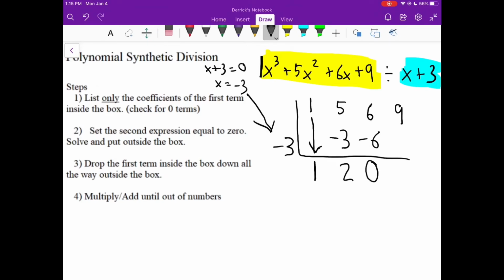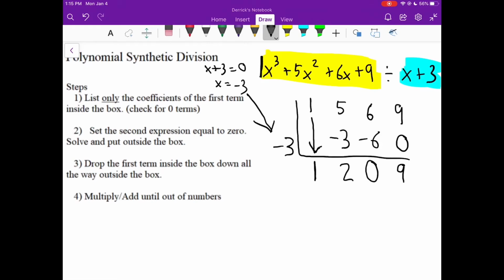That's another part of our answer, so now we take 0 and multiply it back to -3. 0 times -3 is 0. Now that we've done that multiplication, we add again, so we take 9 plus 0 to get 9. It's kind of a weird process, but it is pretty straightforward. It's just switching back between multiplication and addition. There really isn't anything else to it. That's the good news.